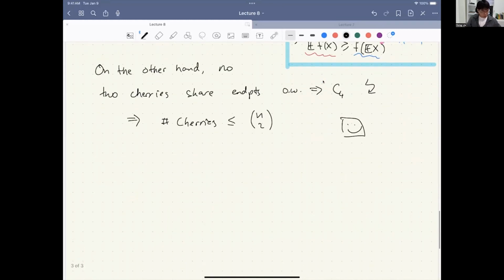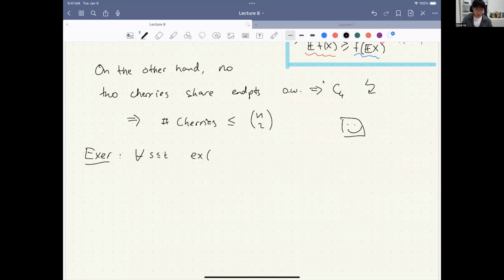Now here's an exercise for you. Well, after seeing this proof, I wouldn't call it an exercise, more like checking that you understand the argument.